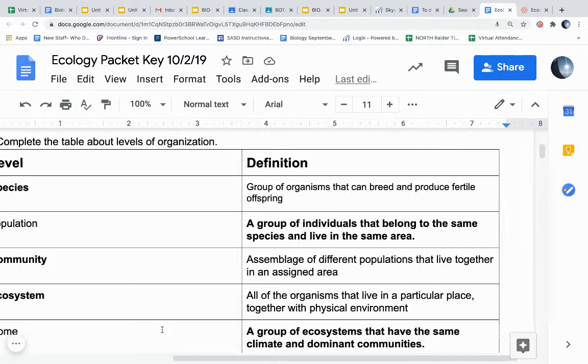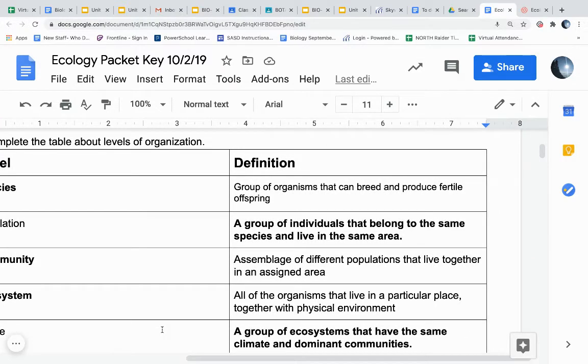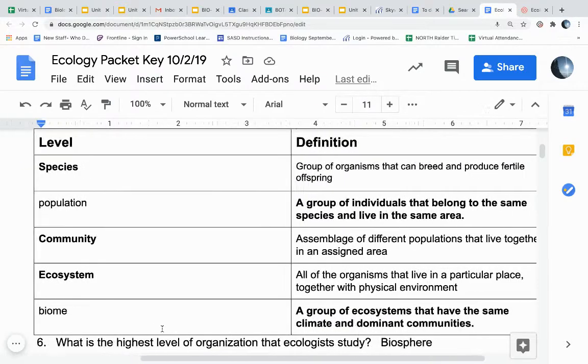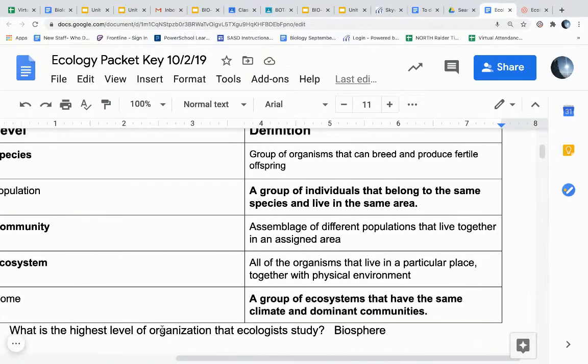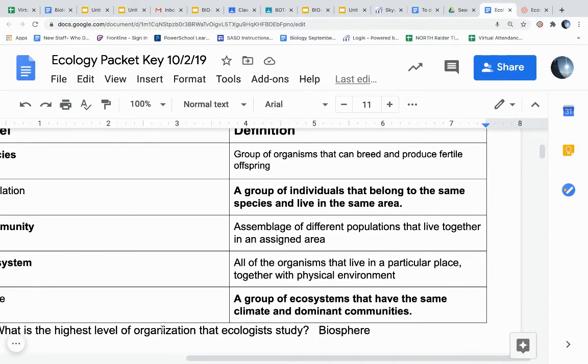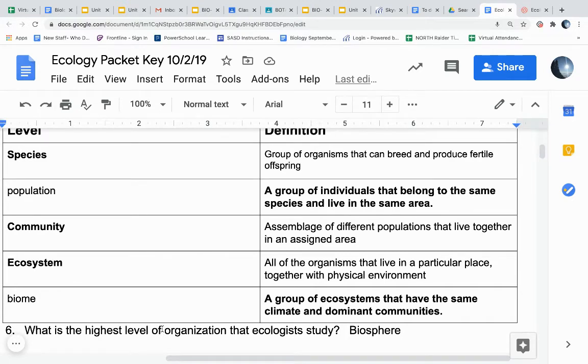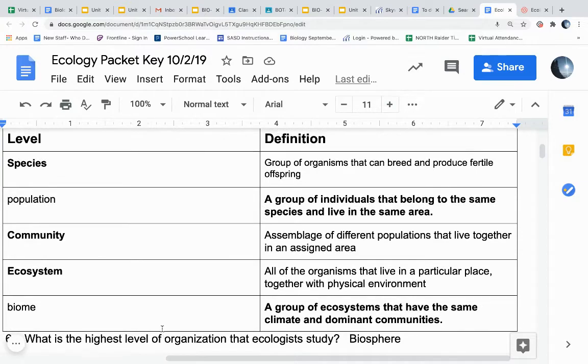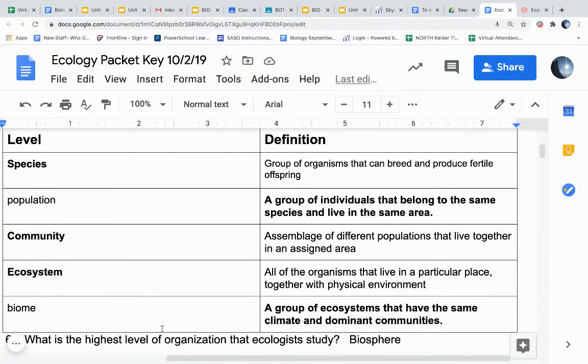It's a group of ecosystems that have the same climate and dominant communities. Example would be the Arctic tundra, very cold, very dry, or the desert, very warm, very dry, or the ocean, tropical rainforest, so on and so forth. And the highest level of organization that ecologists study can be the biosphere, though they usually stop at biome. It's pretty tough to study the entire Earth, the living portion of the Earth at the same time.